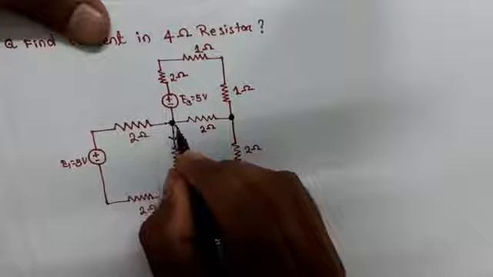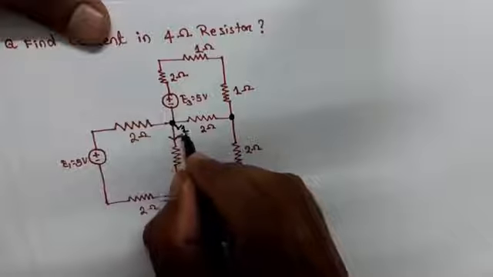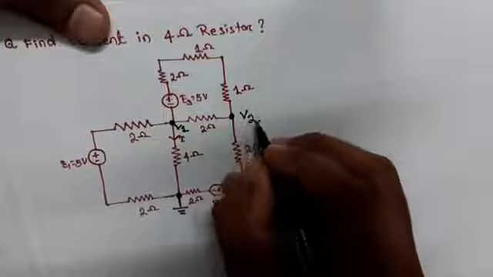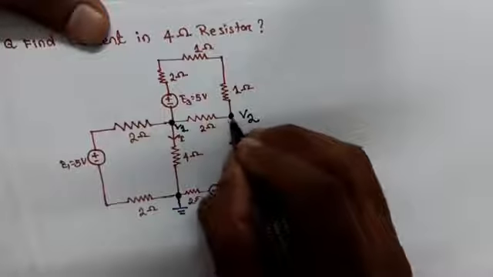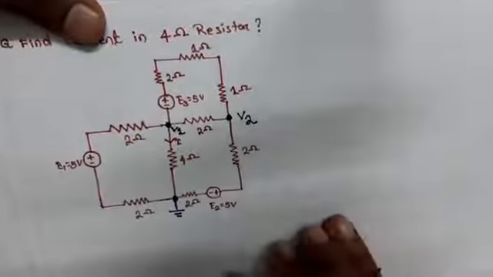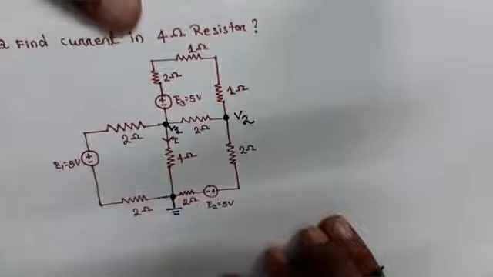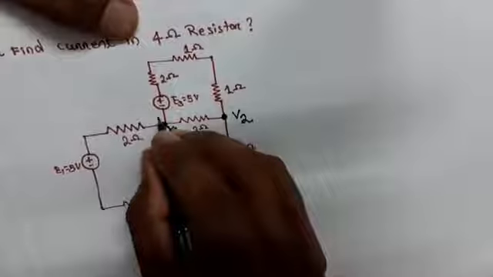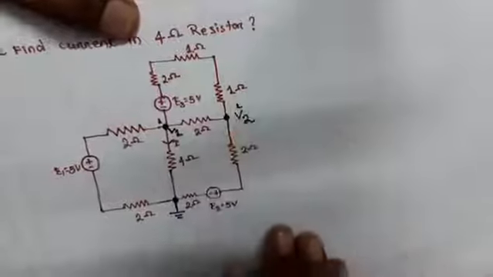The node potential at node 1 is V1 and the node potential at node 2 is V2. Then we apply node analysis at node 1. Let's start.